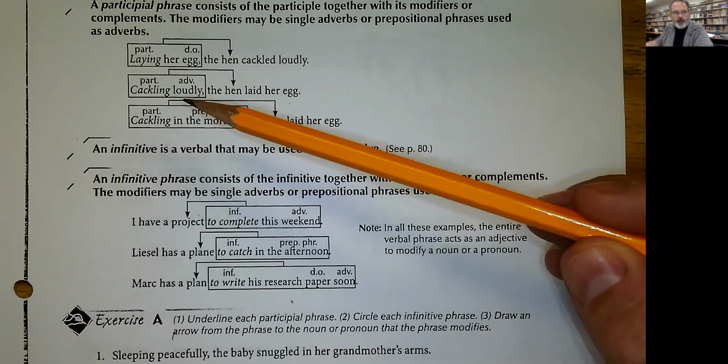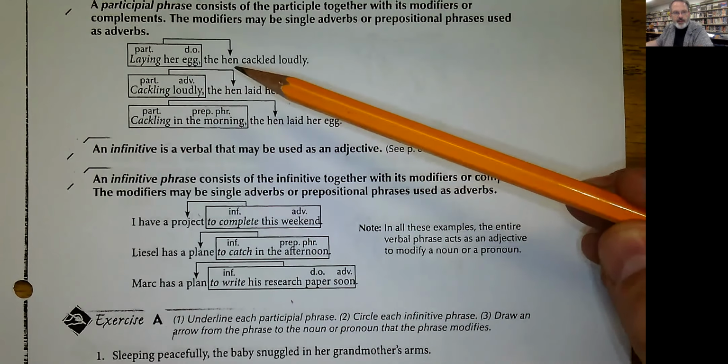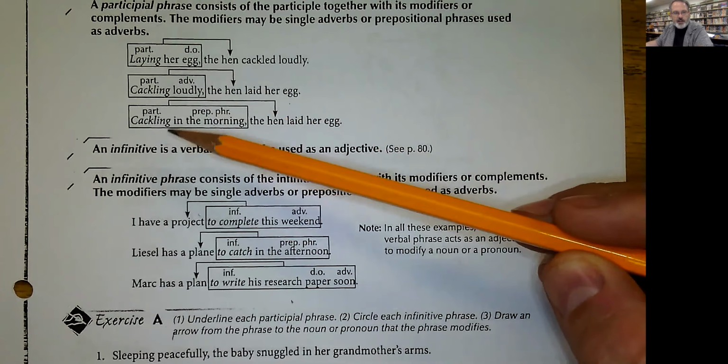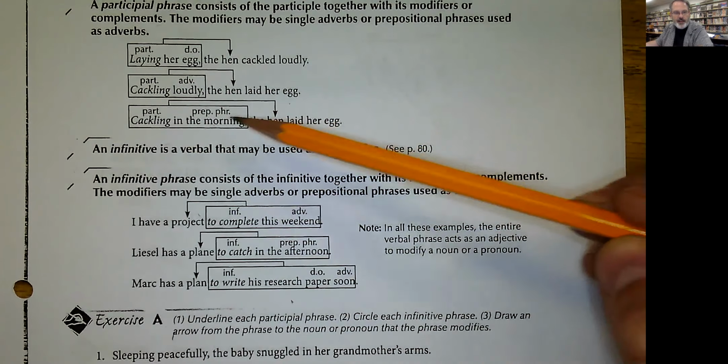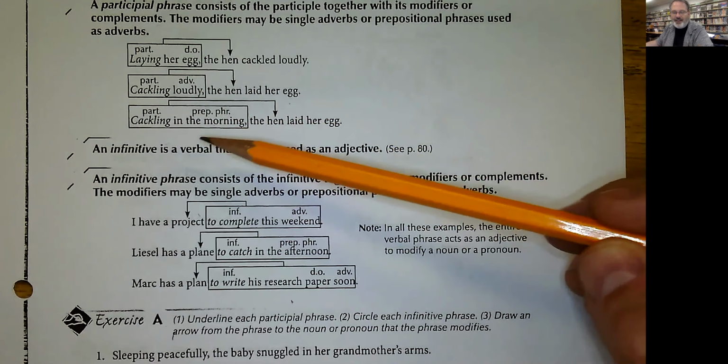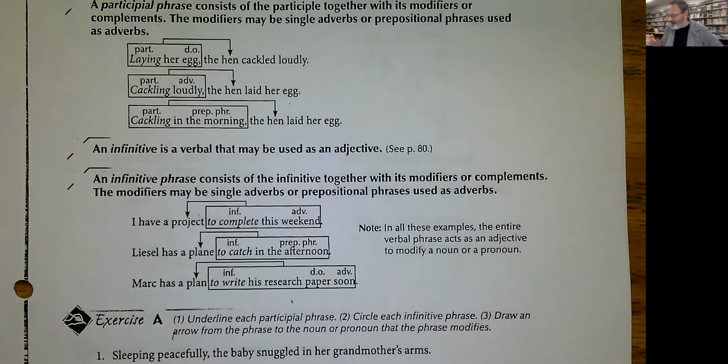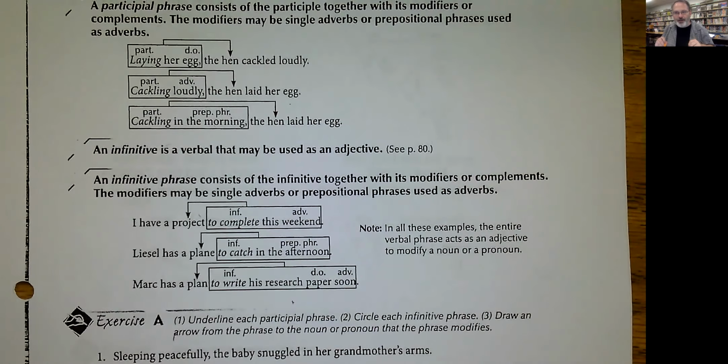Then we've got cackling loudly, the hen laid her egg. The hen is cackling loudly. Cackling in the morning, the hen laid her egg. The hen is cackling, not crackling. What am I saying? Cackling in the morning. Crackling is what your Rice Krispies do, but cackling in the morning.